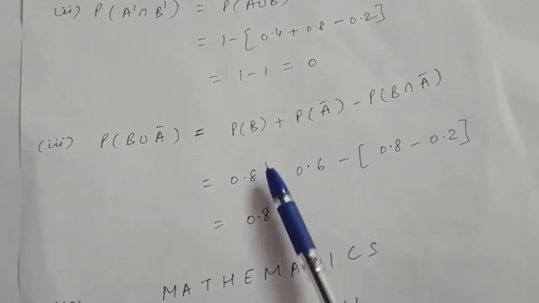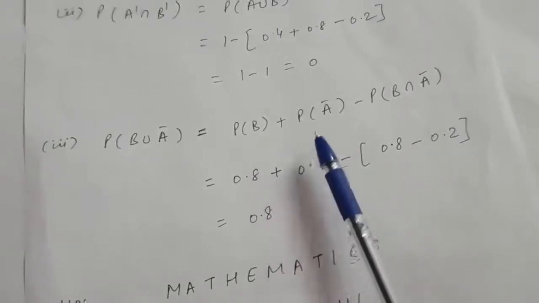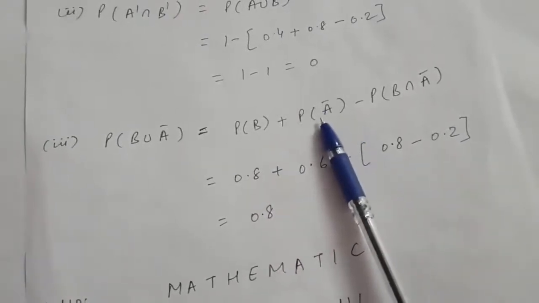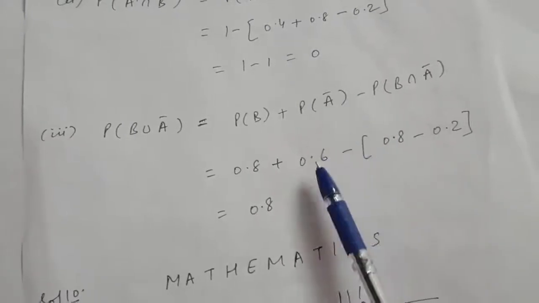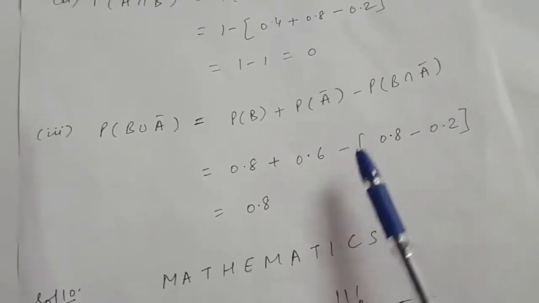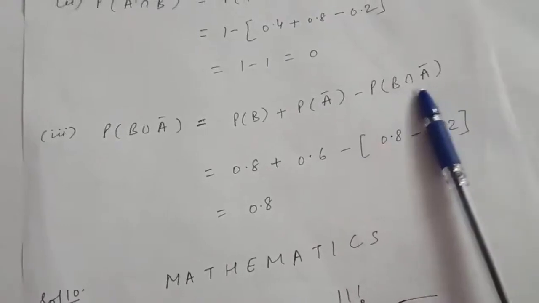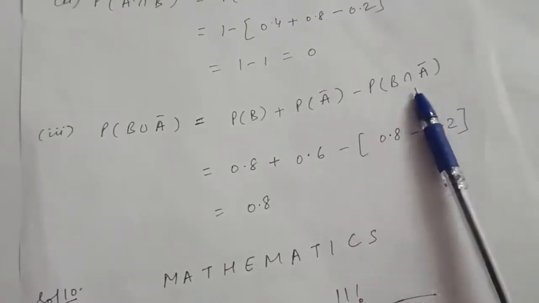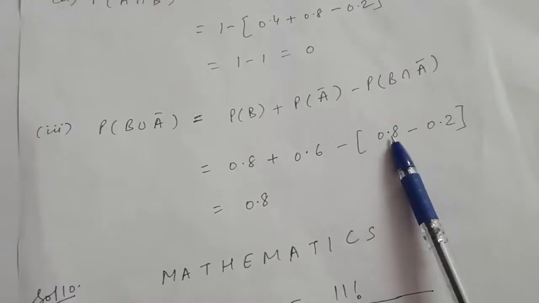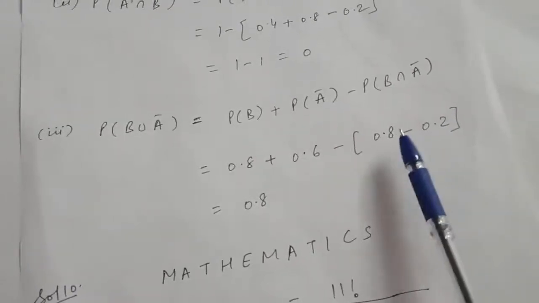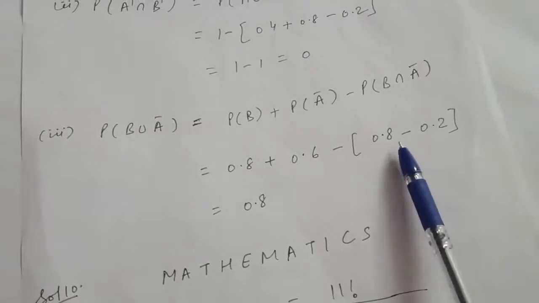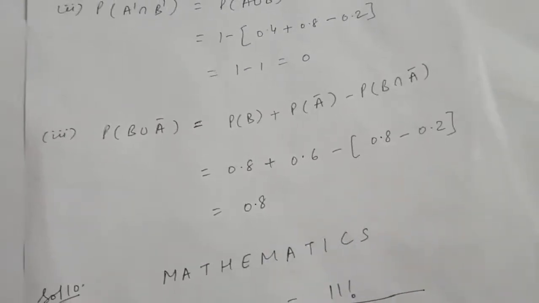Now probability of B is given in the question, plus probability of A is given in the question as 0.4. So probability of A complement will be 0.6 minus, now you know the formula for this also, probability of B intersection A complement is probability of B minus probability of A intersection B. Both of these terms are given, right? So you will get the answer as 0.8.